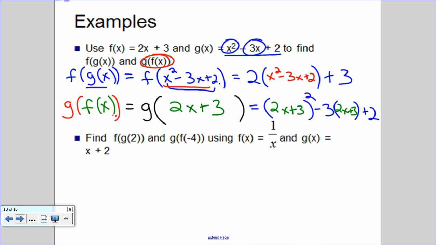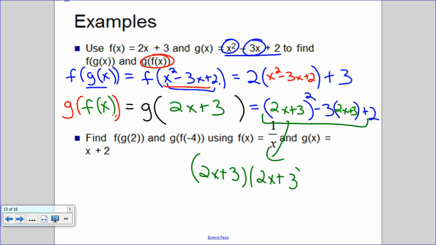All right, let's look at the next example. On your homework, you're going to have to FOIL this out and combine like terms. Let's see what that looks like. If I take 2x plus 3 squared, that's 2x plus 3 times itself, and then minus 6x plus 9, minus 9, and plus 2.